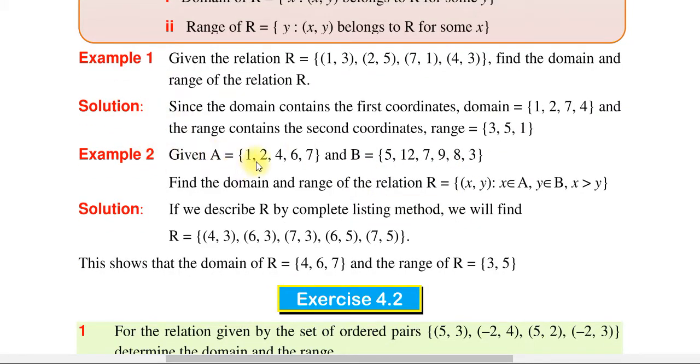እዚህ ጋር ደግሞ given set A is the set of 1 2 4 6 7 and set B is the set of 5 12 7 9 8 3 ተሰጥቶናል። Find the domain and range of a relation.